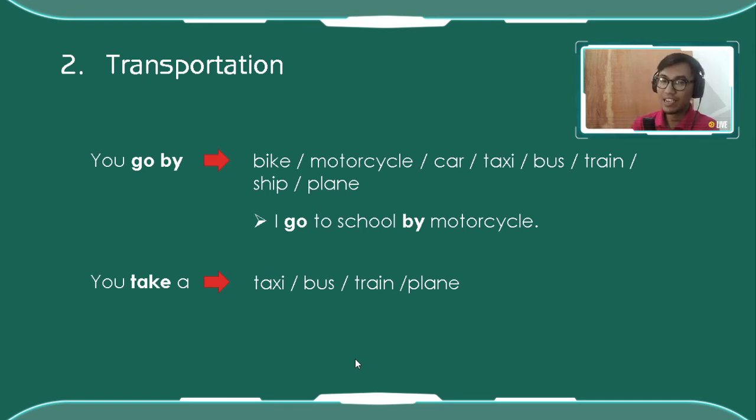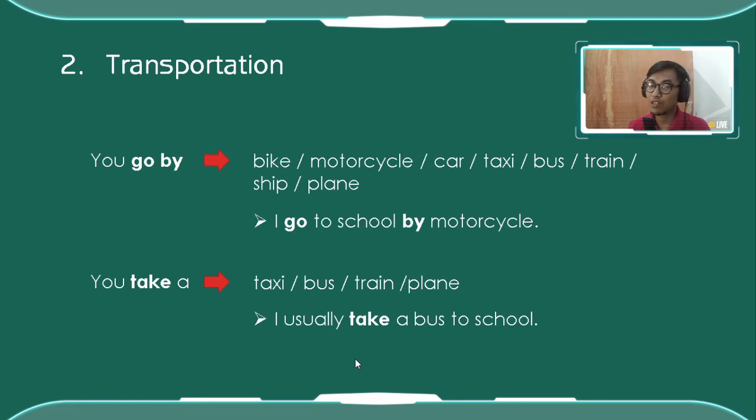So I usually take a bus to school. When we use take, we need to add "a" before the transportation name. So both of these verbs mean naik. Saya pergi ke sekolah naik motor. Saya biasanya naik bis ke sekolah.